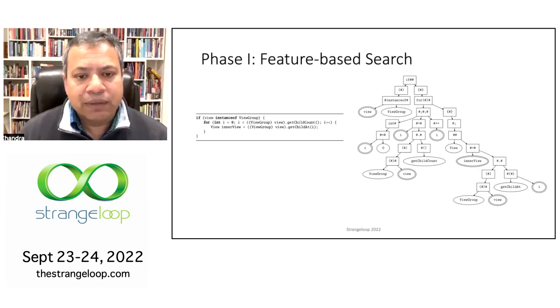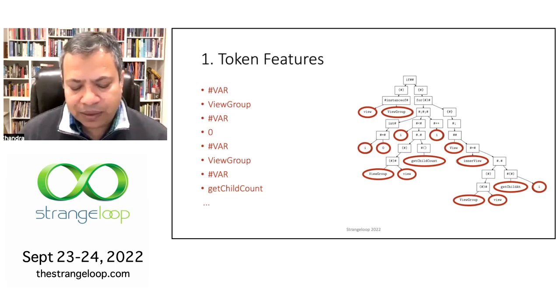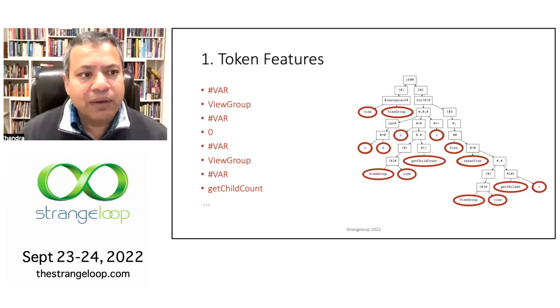Okay, so we start with a parse tree of this code fragment, and we first look at all the leaves, and these make features, except that local variables could be very specific to specific occurrences. Different methods that are even similar enough might use different names. So we are going to blur out names of local variables and just use a hash sign var as our feature for a local variable.